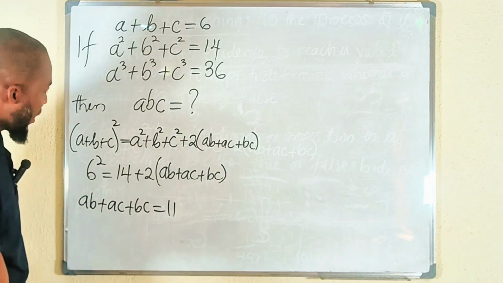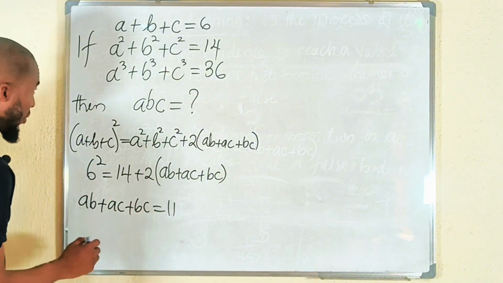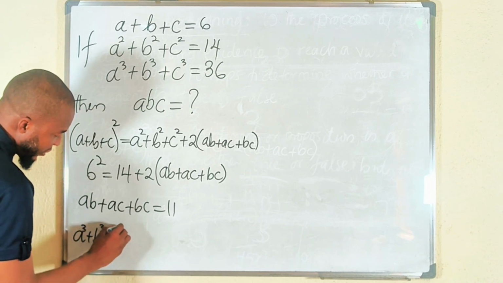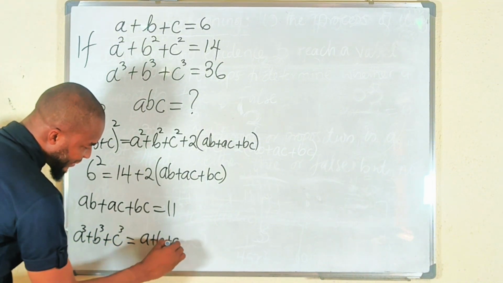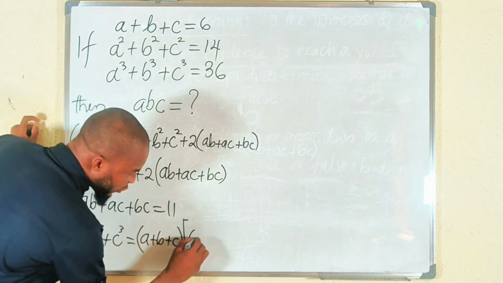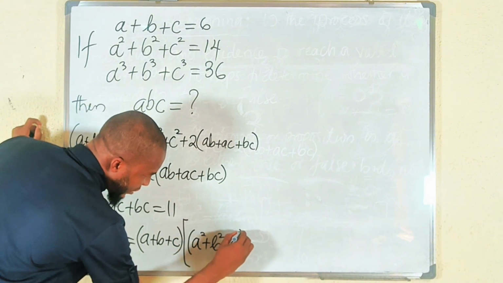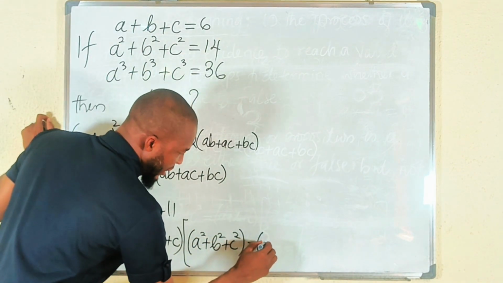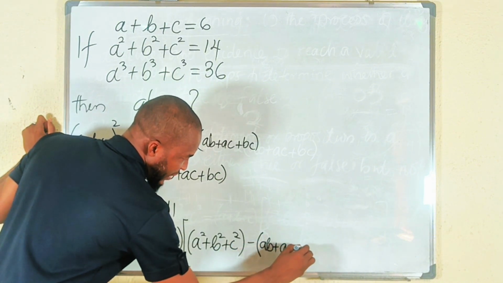Keep it here. Then I would like to introduce the cubic identity. a cubed plus b cubed plus c cubed is equal to (a plus b plus c) multiplied by (a squared plus b squared plus c squared, then minus, let me put a bracket here as well, ab plus ac plus bc).